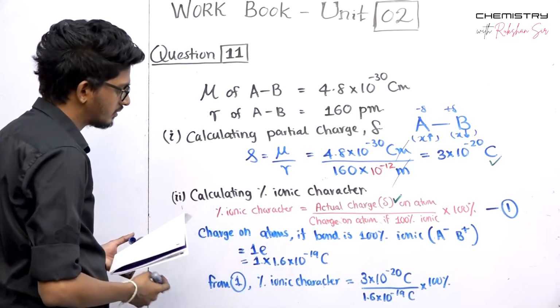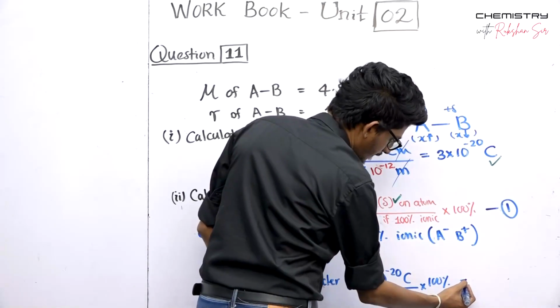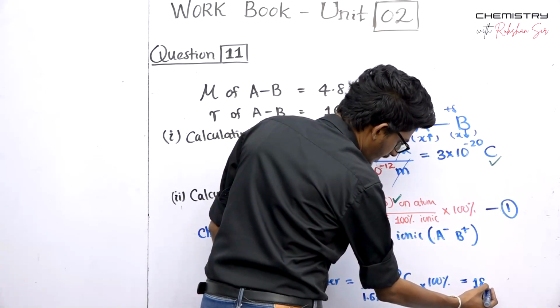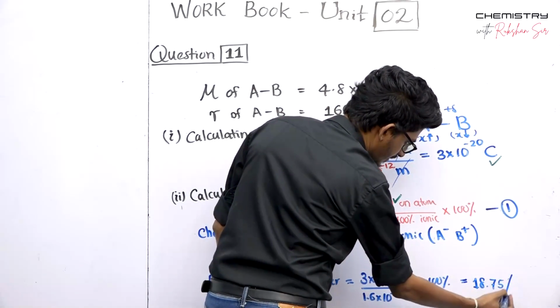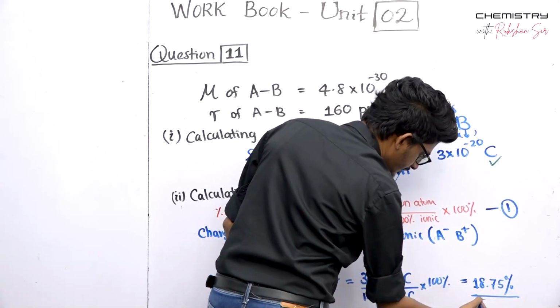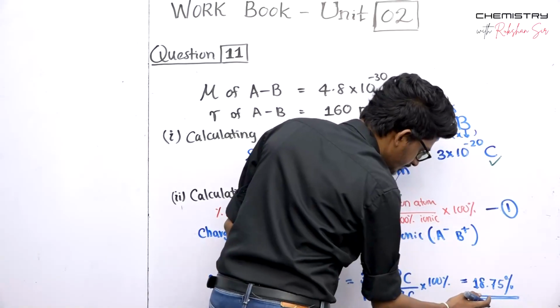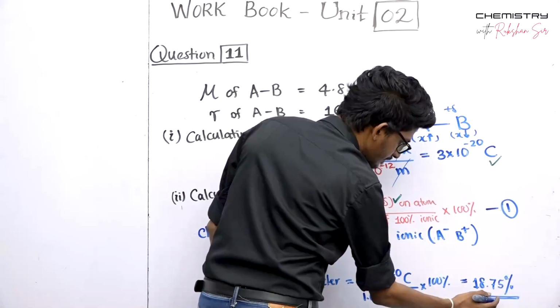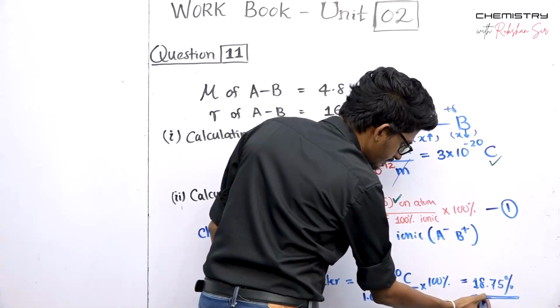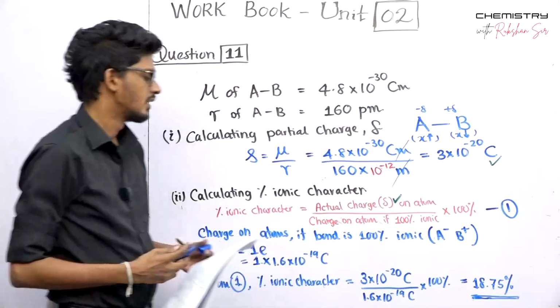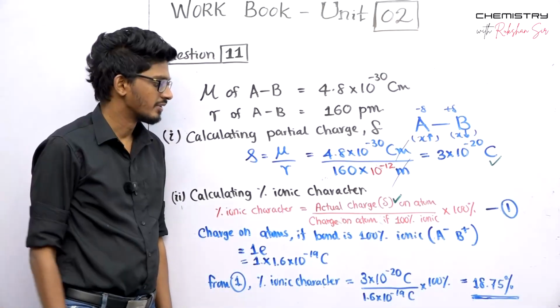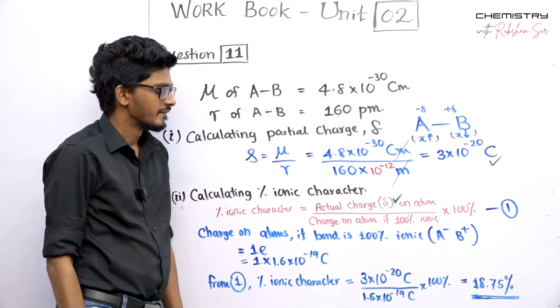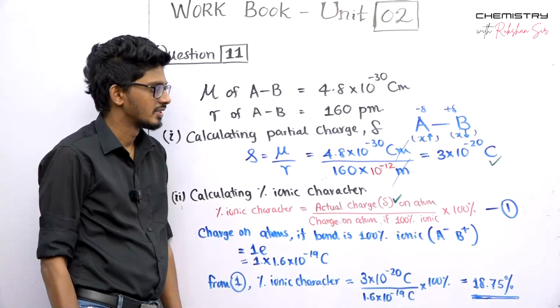This will give you a value like 18.75%. Right, no? So the AB bond is 18.75% ionic.